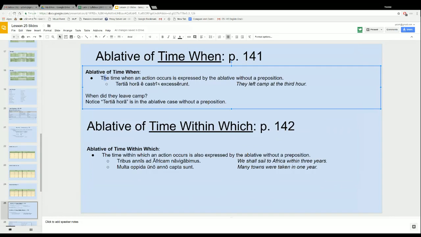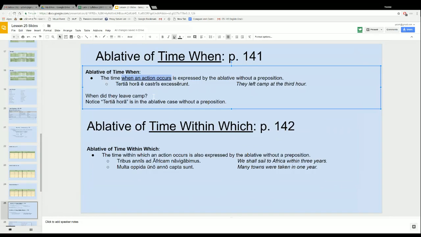So ablative of time when is the time when an action occurs. So when an action occurs, it's expressed by the ablative without a preposition. So for example, tertia hora ex castris excesserunt. So they left camp at the 3rd hour.